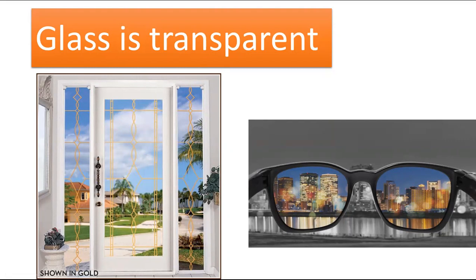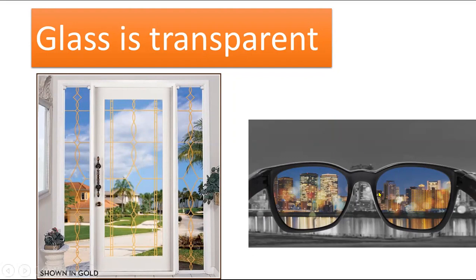We cannot look through the wood and the plastic. So glass is the only good material to look outside. We can see the trees, we can see the houses, we can see people. But with this wood, we cannot look outside because wood is not transparent.